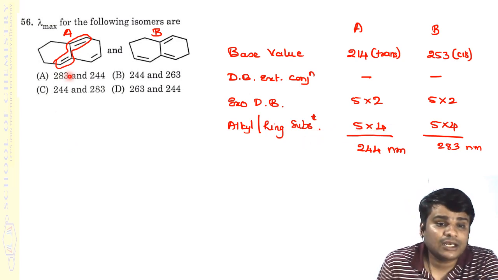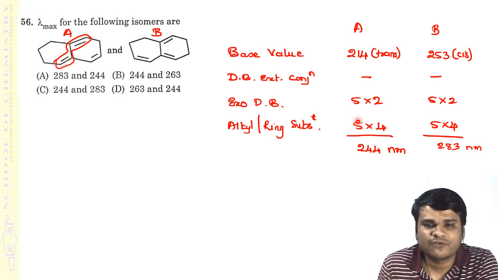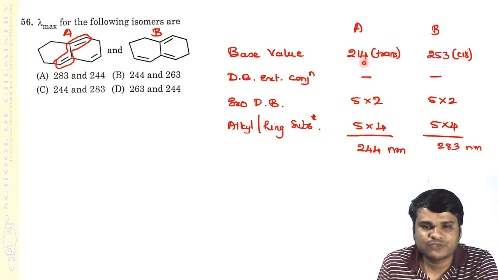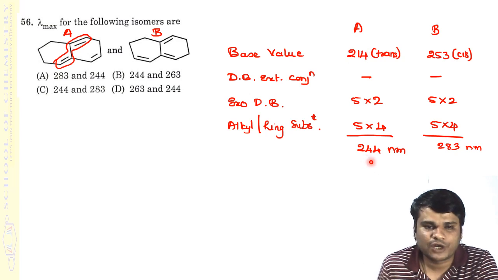And then you should also consider the exocyclic double bond. This particular double bond is exocyclic, external to this ring, so that will contribute 5 units. And this double bond is exocyclic to this particular ring, so it will also contribute 5. So from exocyclic double bonds, 5 into 2, from ring residues 5 into 4, totally 10 plus 20, 30 should be added to the base value. For the base value 214 of the transoid system, it becomes 244, right?